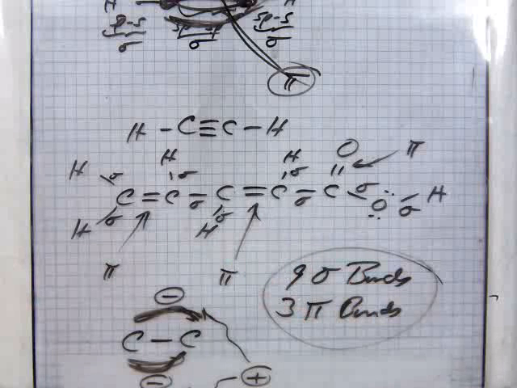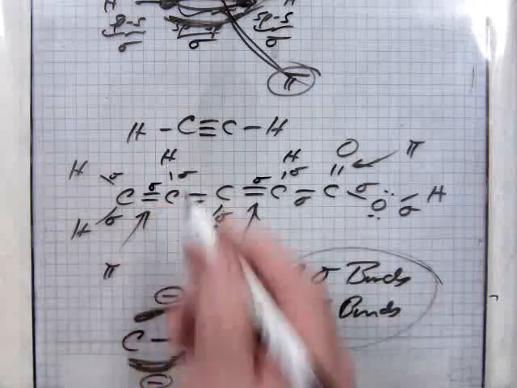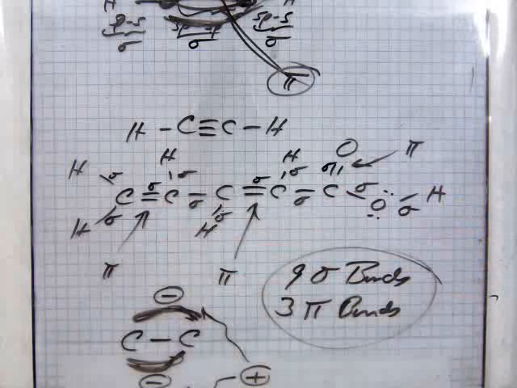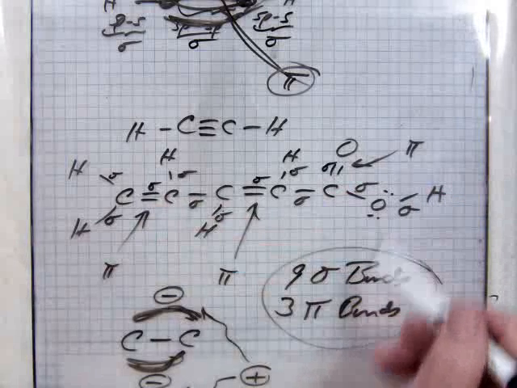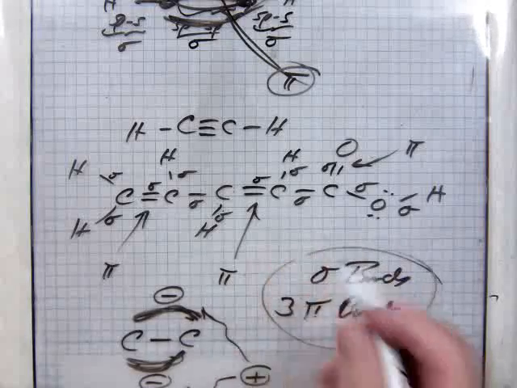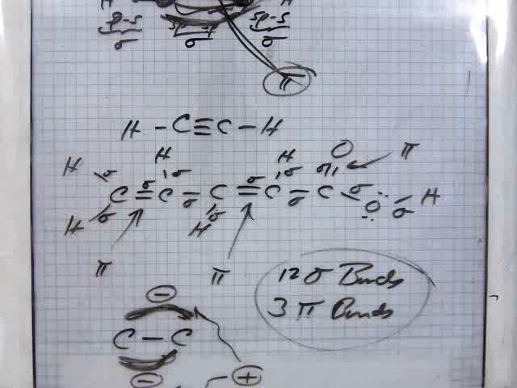But in each double bond, there's at least one sigma bond. Did I not put the sigma? I probably forgot that one. The other one is a sigma bond. Okay, thank you. So I guess I need to add 1, 2, 3 more sigmas now until I have 12. Yeah, I was just looking at outside the double bonds. Yeah, that would give you 12 sigma bonds.